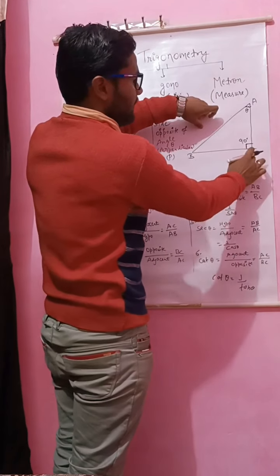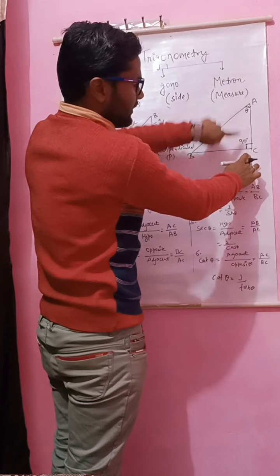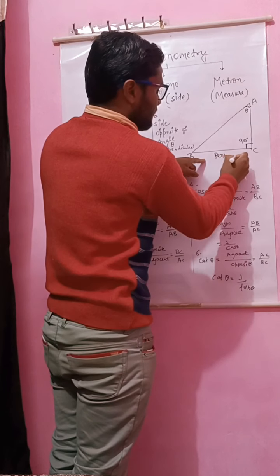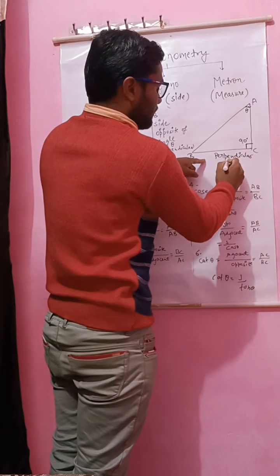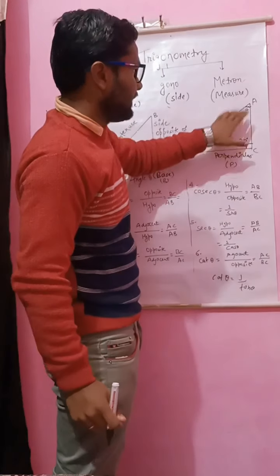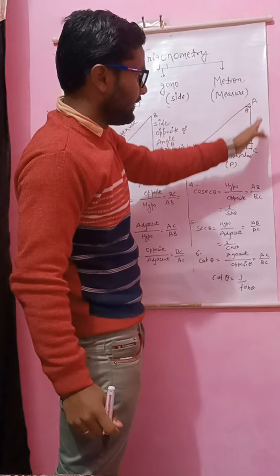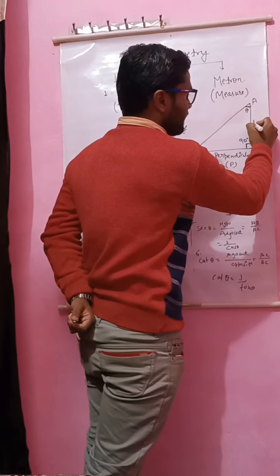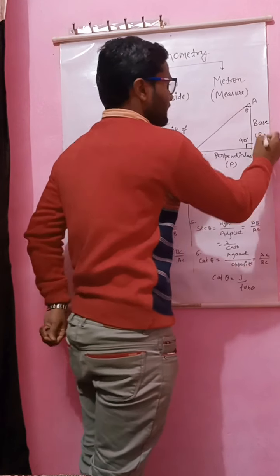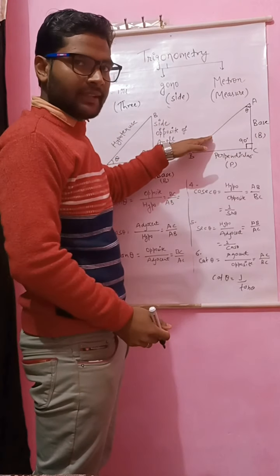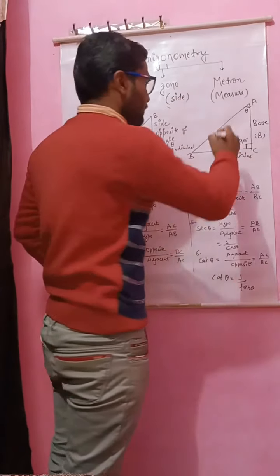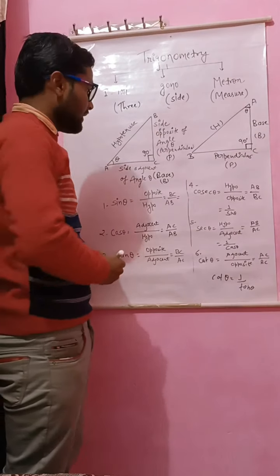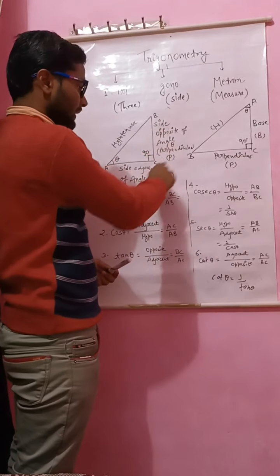Here the side BC is opposite to angle theta, so it is called perpendicular, also denoted by P. And the side AC, the adjacent of the angle theta, is called base, also denoted by B. And this is the longest side of the triangle, called hypotenuse, denoted by H. So I think you have understood something about the right triangle and the sides of this triangle.